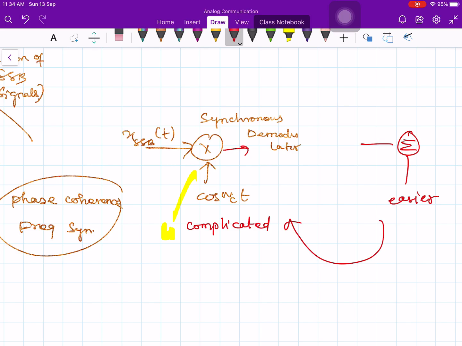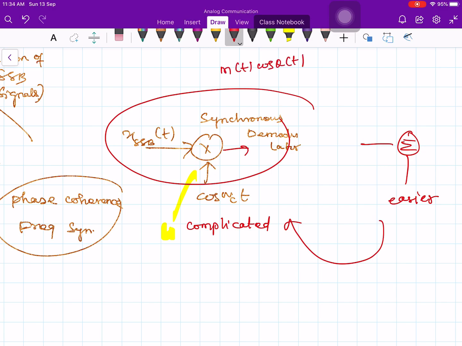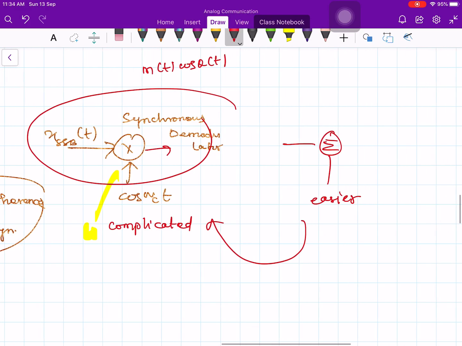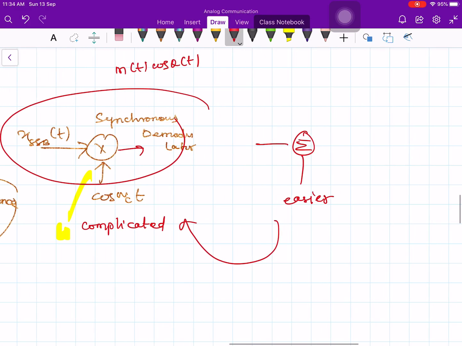For example, if there is any phase mismatch in the synchronous demodulator, there will be some error, because your output is m(t) times cos of theta(t). But one can adjust the phase and the frequency of the local oscillator by manual tuning, until you get a distortionless output.